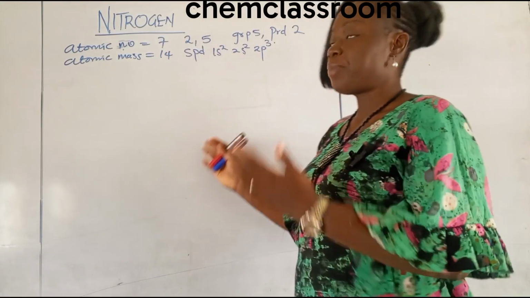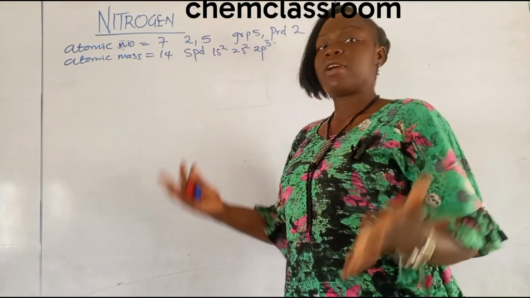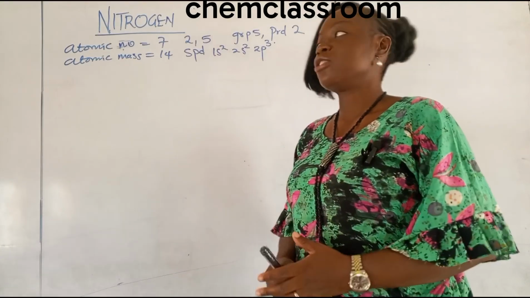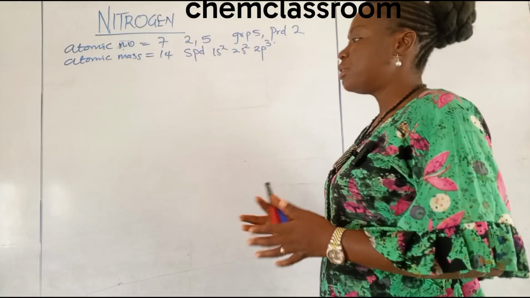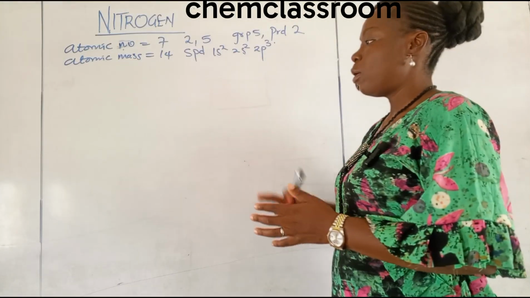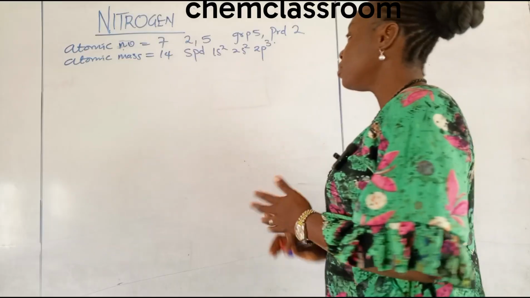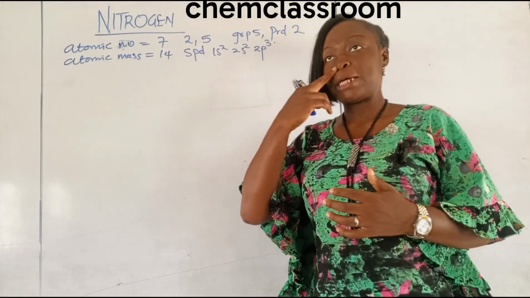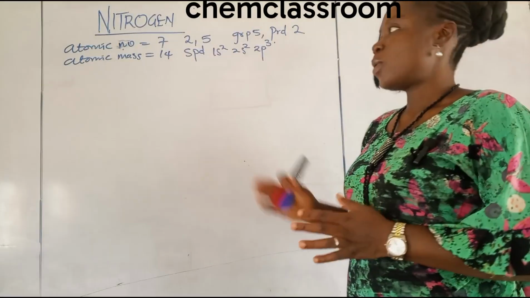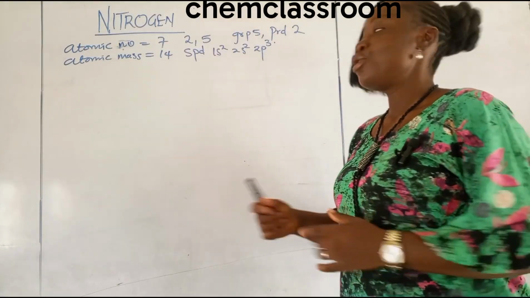Nitrogen can be prepared through the fractional distillation of liquefied air industrially. Then we can also prepare it in the laboratory using copper oxide and ammonia, then using ammonium nitrite. So I will show how the two reactions occur.